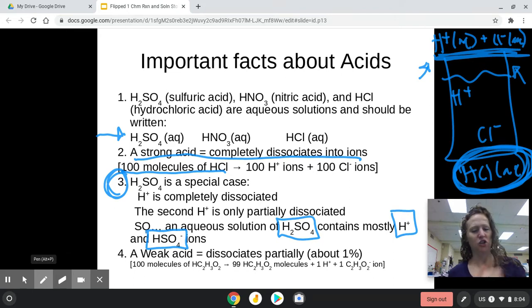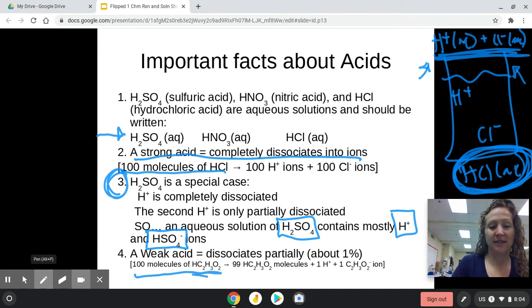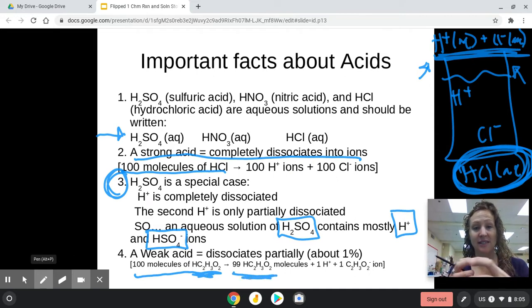So we keep saying a strong acid dissociates completely. Well, that's because when it is compared to a weak acid, a weak acid is going to not dissociate completely. It's going to dissociate partially. For example, if you have 100 molecules of a weak acid here, what you're going to end up in solution with is 99 of those weak acid molecules still intact, dissolved, but floating around in your solution.